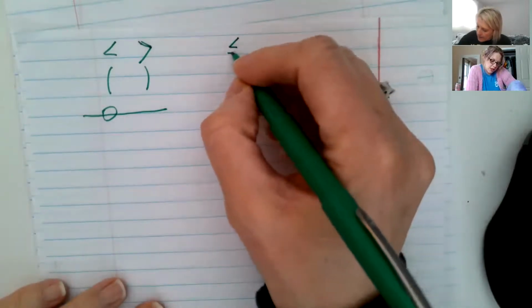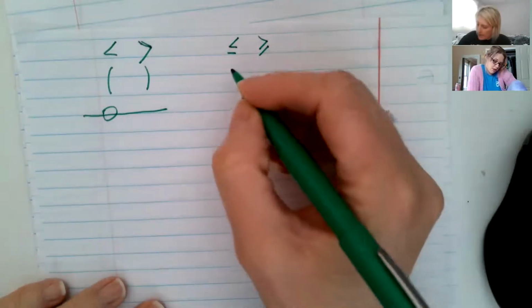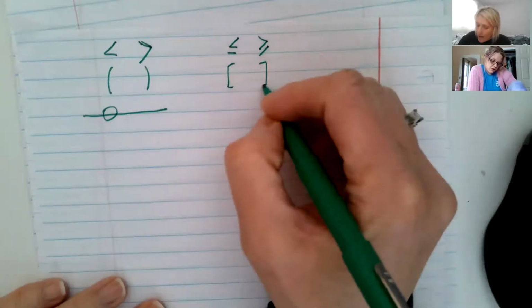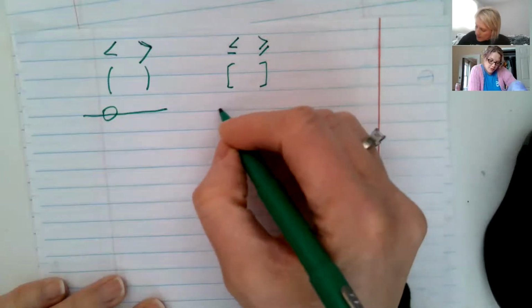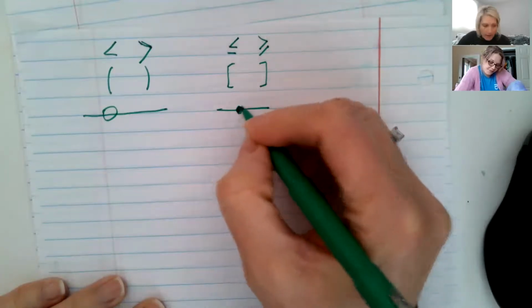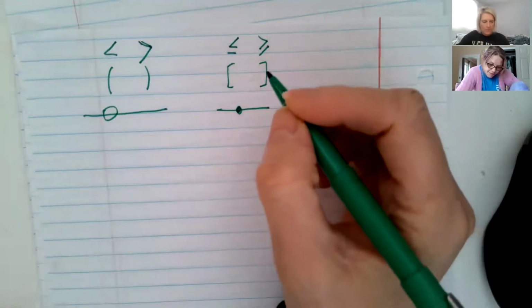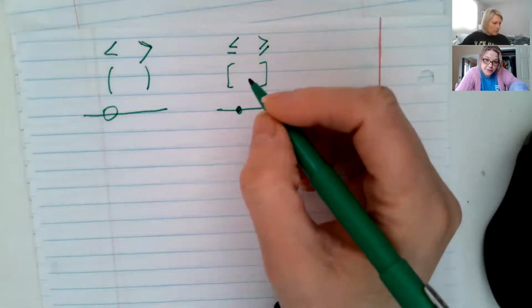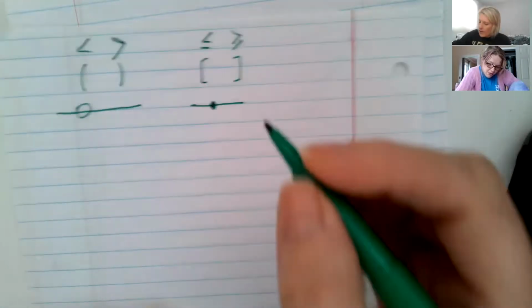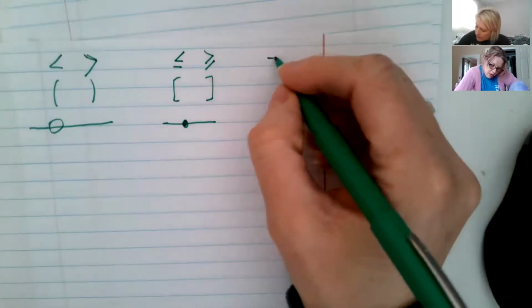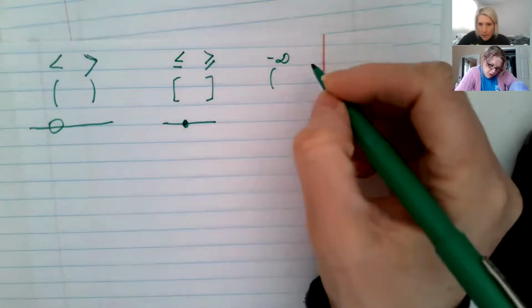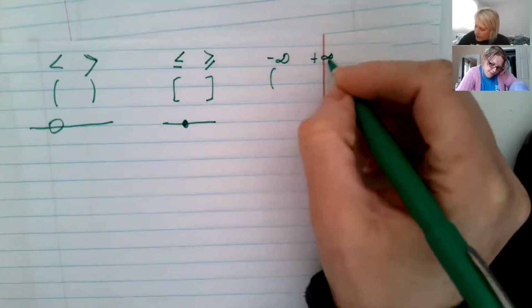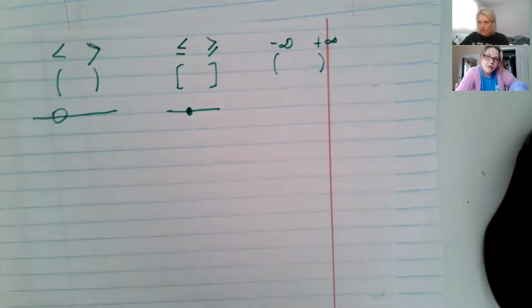Anytime it's including, with the equal sign underneath, it's brackets on either side and the values are shaded in. So I'll do a couple. And the other thing is the negative infinity always gets an open parenthesis and the positive infinity always gets an open parenthesis.